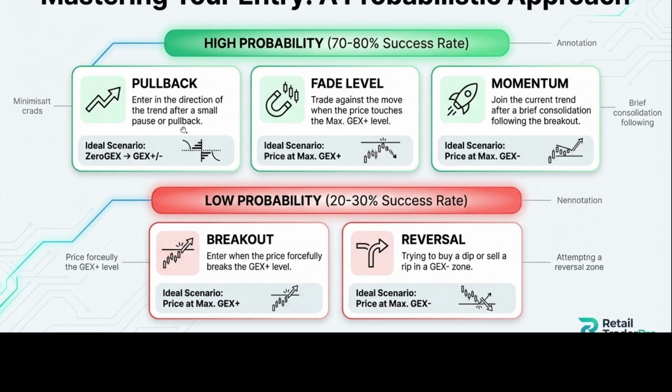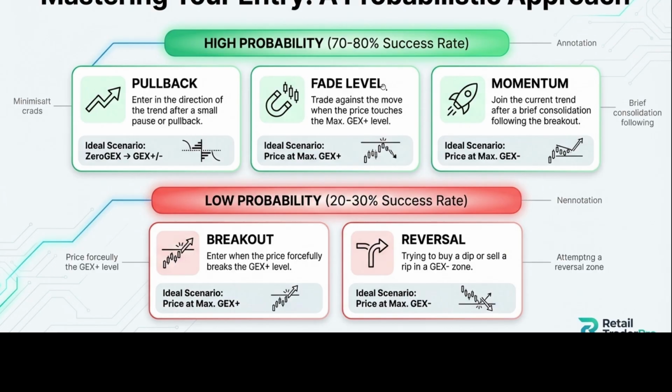Here, if you are going from 0 gamma to the max Gex positive level, enter on a pullback when price crosses the zero Gex level and take a long position. But what about if price is at the max positive gamma level?